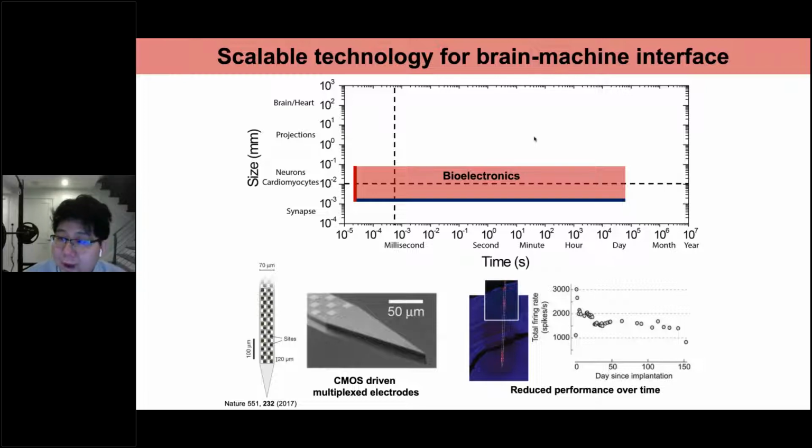Someone has already done this by developing a very beautiful, very elegant CMOS-driven multiplexed electrode array called the Neuropixel, which can simultaneously look at hundreds of neural activities in the brain. However, you can see that over time, the number and quality of the neurons rapidly decay over the time course of the implantation. They still cannot stably record the neural activity inside the brain for a very long time.